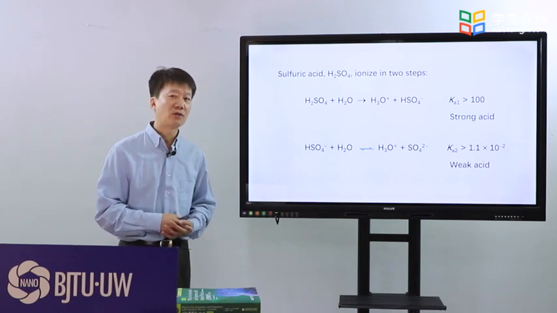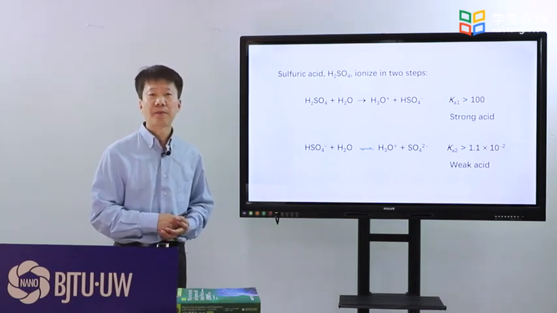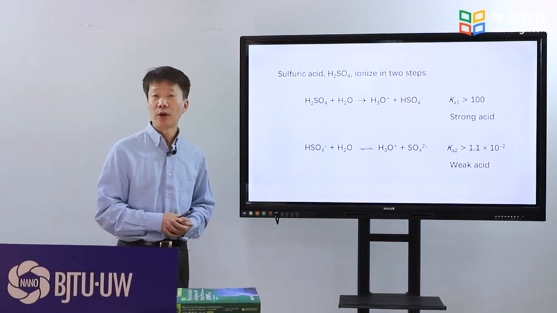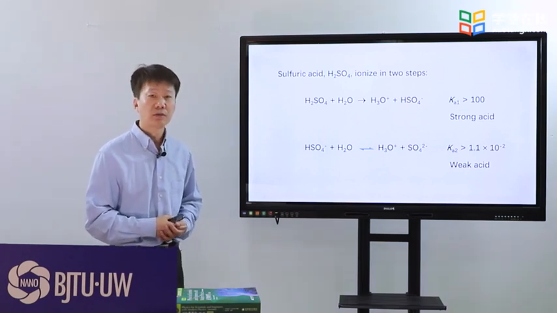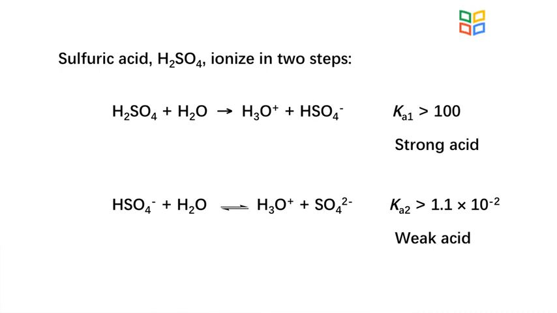The ionization constant for the second step is 1.1 times 10 to the minus 2, much less than 1. So hydrosulfate ion is a weak acid, while sulfuric acid is a strong acid.